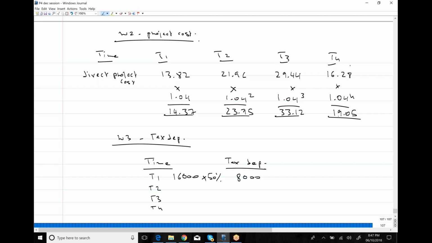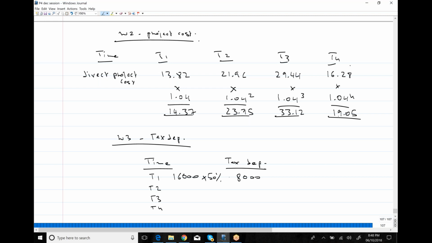But that 25% will apply on net book value, not on the cost, because this is reducing balance method, not straight line method. In straight line method, you will apply your percentage on the cost, but in reducing balance method, we will apply the percentage on net book value.